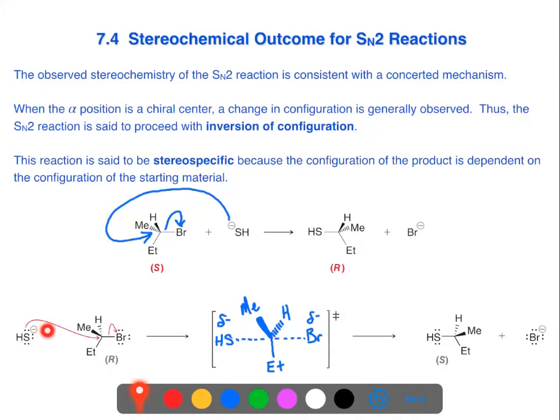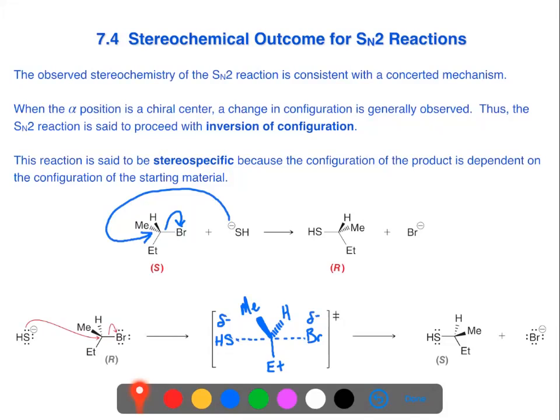So as the hydrosulfide ion comes in from this direction, you can see that around this central alpha carbon, everything somewhat goes flat in a plane, and then it's pushed over, if you will. And sometimes in the textbooks, they'll refer to this as inverting the umbrella, where you have this part of the molecule as, let's say, the dome of an umbrella, and what's coming to the inside of that, or under that umbrella, is the nucleophile, and then it flips, inverts the umbrella.